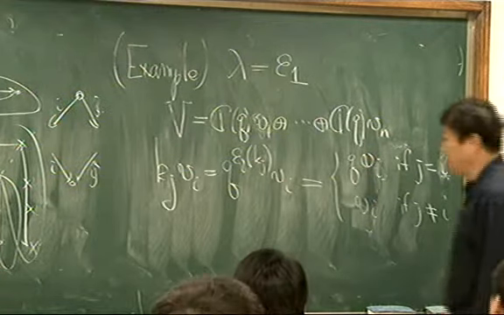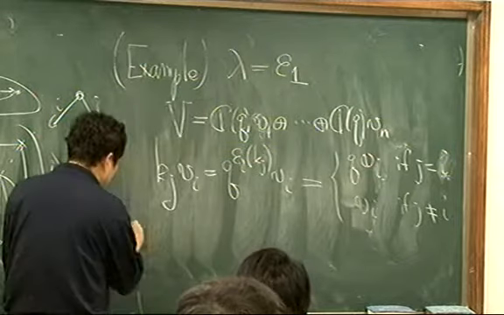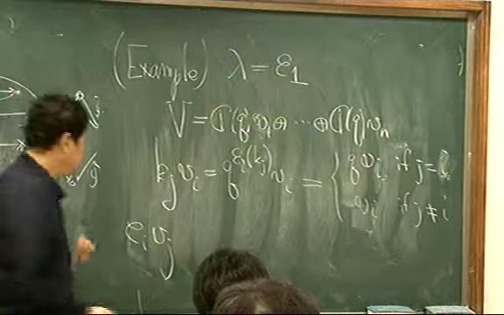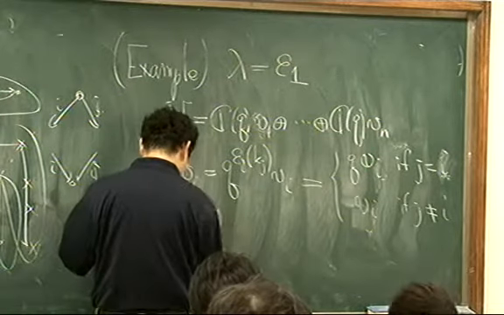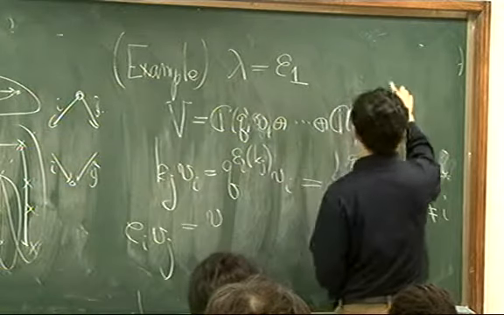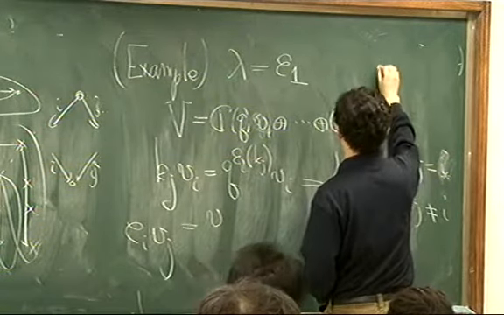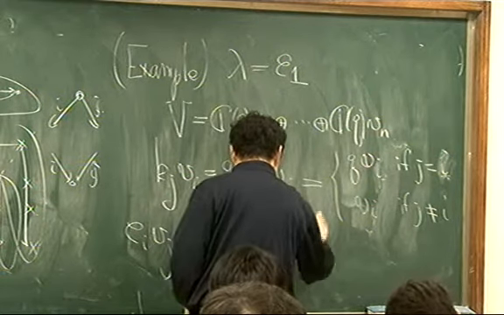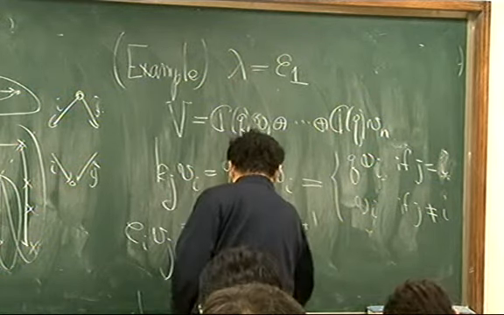Okay. And E_i acts on V_j to be V_i if j is i plus 1, and 0 otherwise.